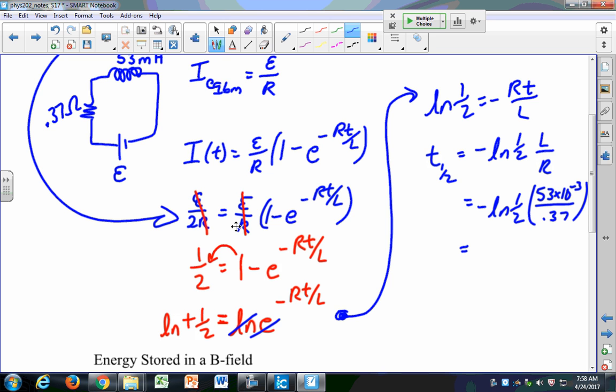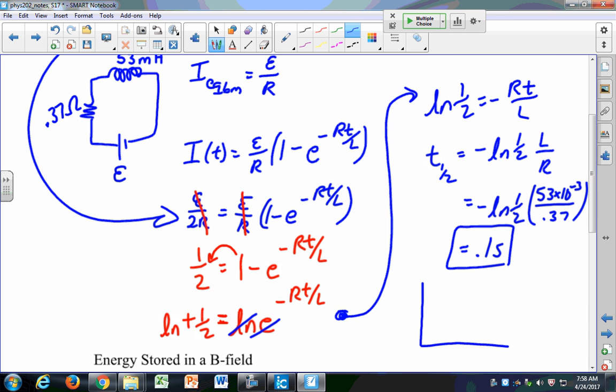I get 0.099, I think that's right. Yep, so we'll just call it 0.1 seconds. All right, so that is the time to reach half the equilibrium current.